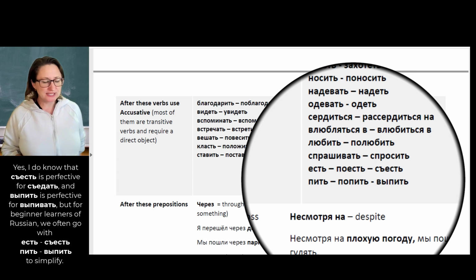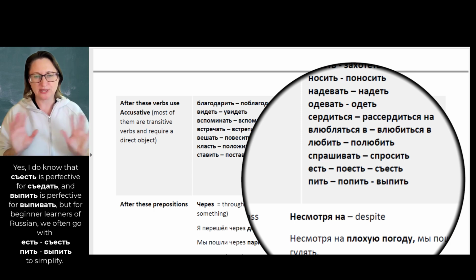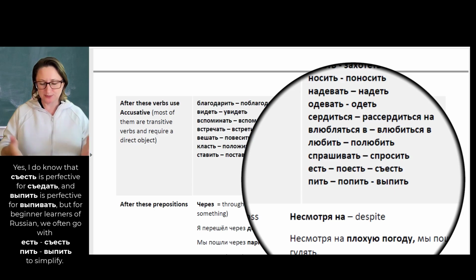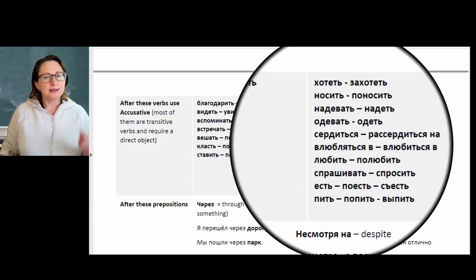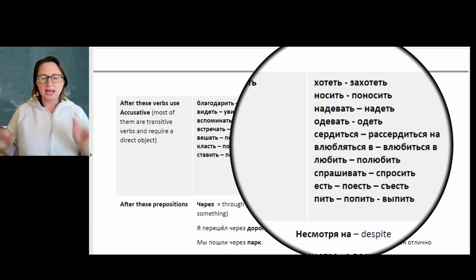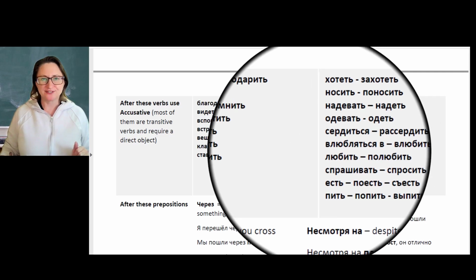You can look up the differences in these tutorials for the sake of time. I'm not going into verbs too much, or if you have follow-up questions, please ask in the comments. But whatever we eat or drink is also going to be in the accusative case. Now, sometimes we use it with genitive, but that's a different context. It's just like when we use a little bit of something, and it's kind of partitive genitive.